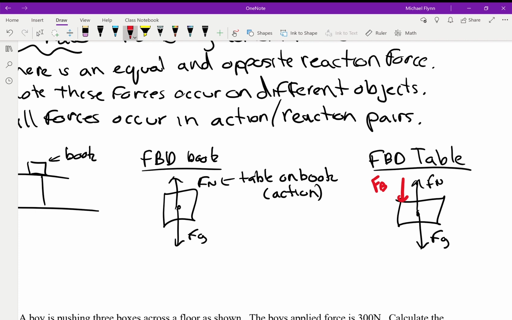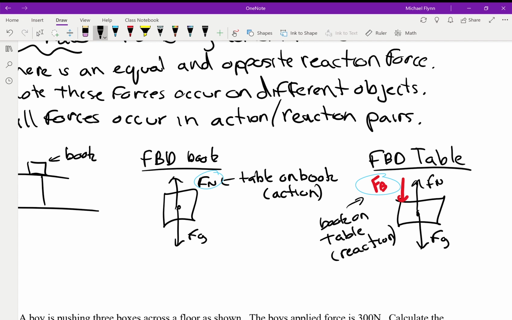So here's the deal. These two forces, I'll circle them in blue, that's the action. This one is the reaction force. So that is the book on table force, and that is the reaction.